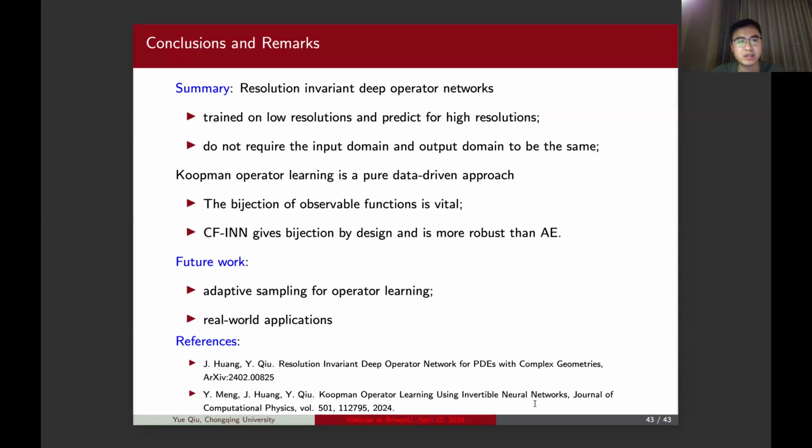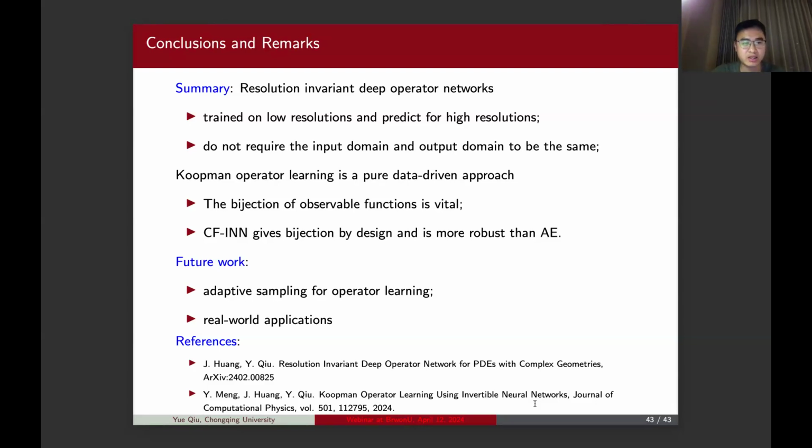It does not require the input domain and the output domain to be the same. And for the Koopman operator learning, the key lies in the fact that the observable function should be bijective, and the coupling flow invertible neural networks can guarantee this.